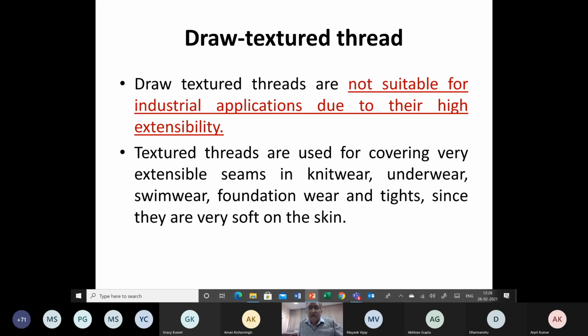And when you see these seams, you find there is one stitch, there is another stitch in between. You find crisscrossing threads. They are all these draw textured threads. They have more area, and they are softer, more bulky, and give good skin comfort.